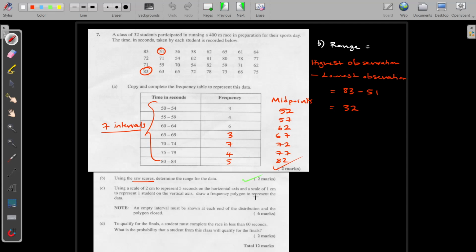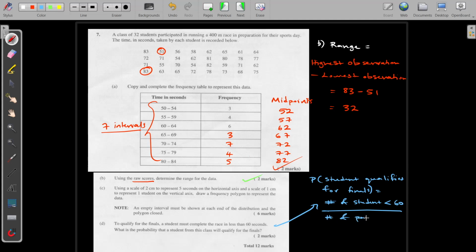So we can say that the probability of a student qualifying for the final is equal to the number of students finishing before 60 seconds, less than 60, divided by the total number of participants.